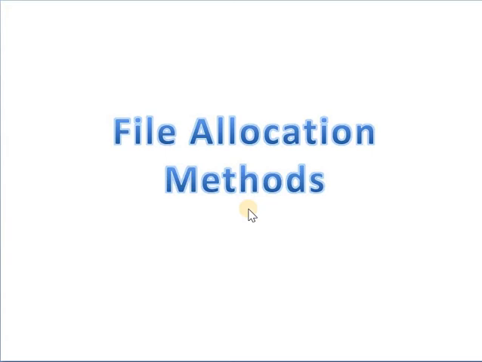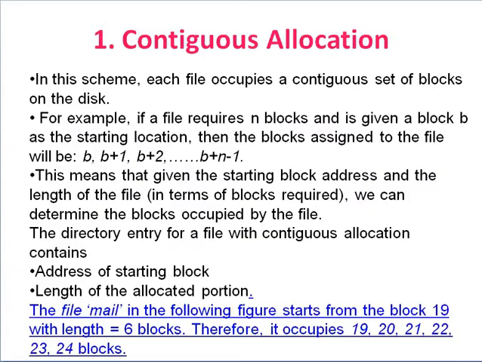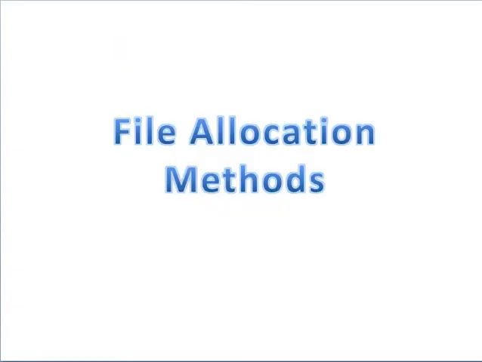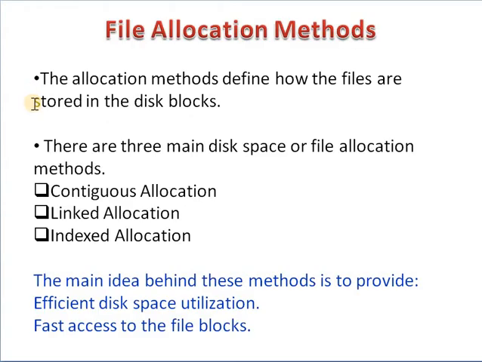First, we will see what exactly a file allocation method is. The allocation method defines how the files are stored in a disk block. The file allocation method defines how actually the files are going to be stored on a hard disk.